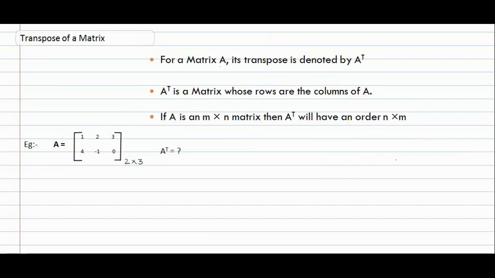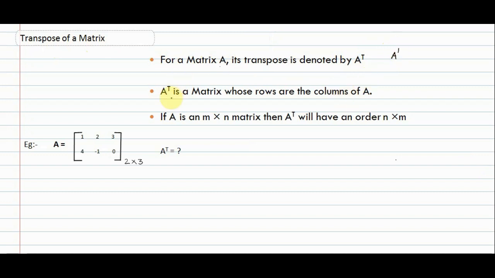Okay. Now let's discuss the transpose of a matrix. For a matrix A, its transpose is denoted by A raised to T. So we will read it as A transpose. In some cases, it is also represented as A dash.